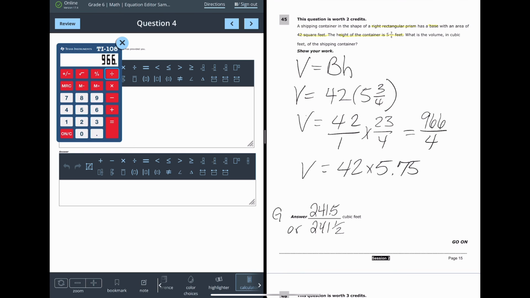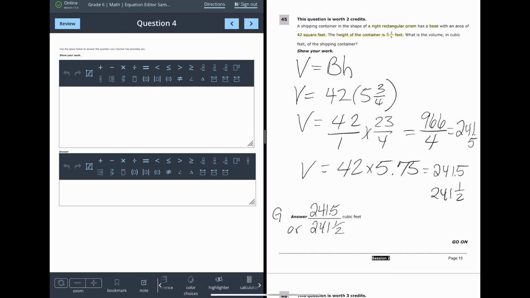And then you're going to divide that by 4, and you get 241 and a half, or 241.5. That's fine. Or you're literally going to do the same thing and put 42 times 5.75, and you also get 241.5 or 241 and a half. Both of them absolutely correct.